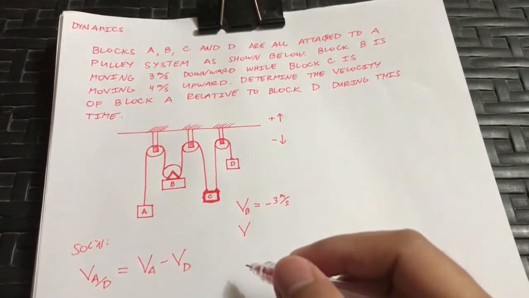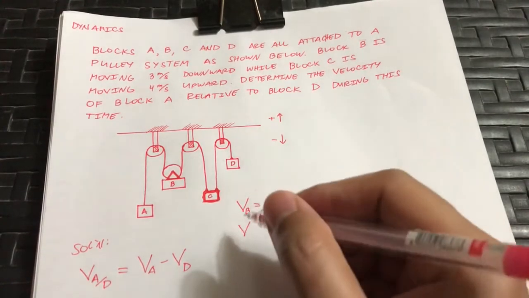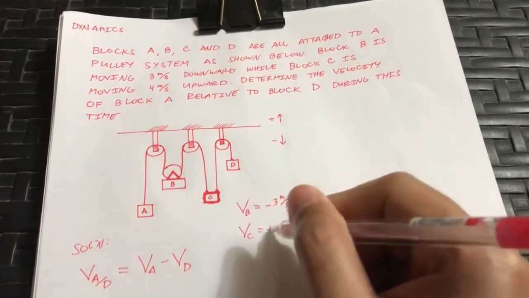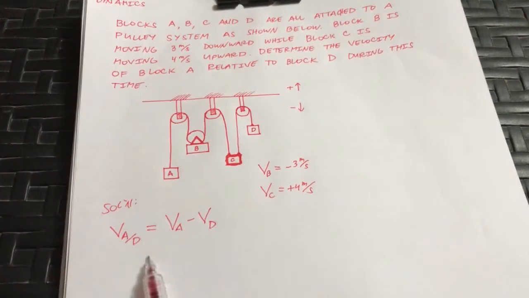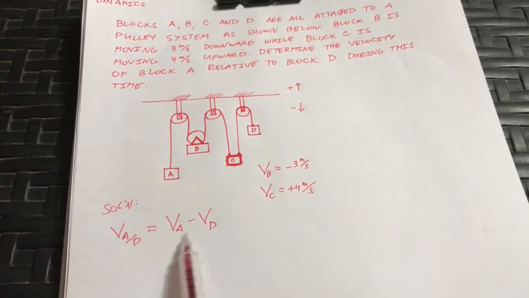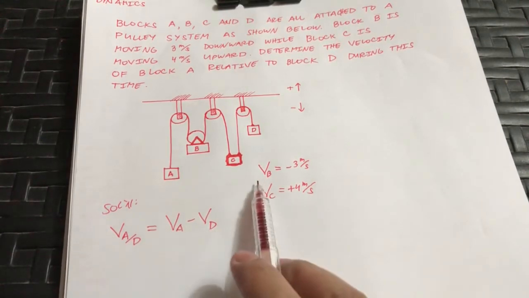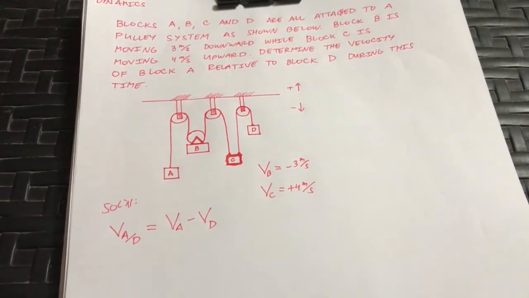The velocity of block C is 4 meters per second going upward, so it's positive 4 meters per second. To solve the problem, we need the velocities of A and D, but we are given B and C. So how do we get the velocities of A and D?